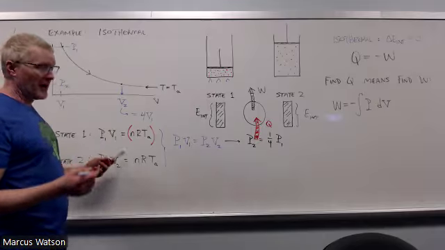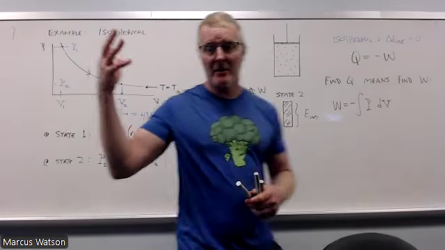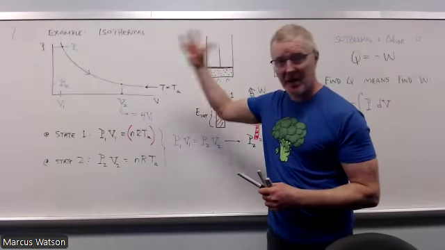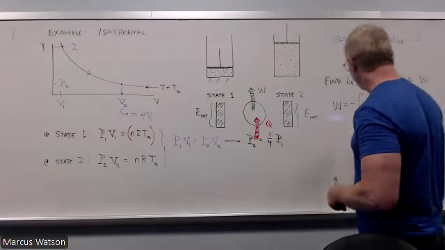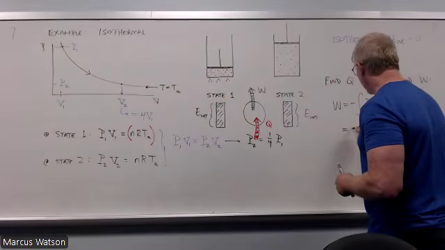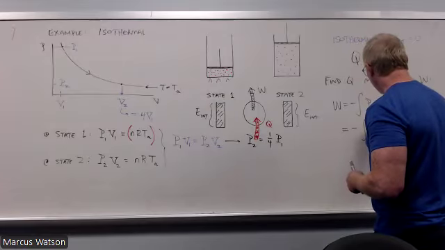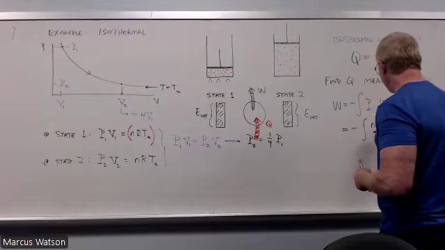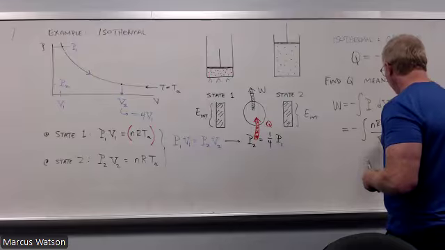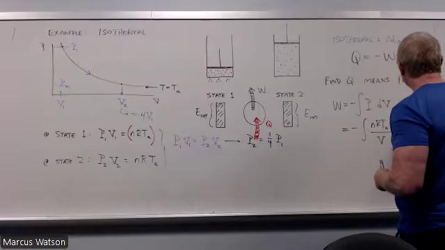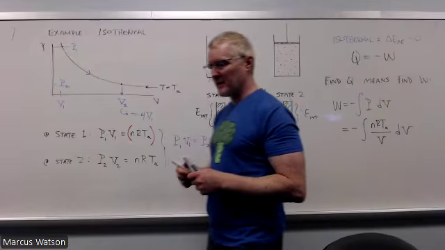So pressure as a function of volume is really some constant divided by the volume. That means I can write this as negative integral of nRT, in this case TA, divided by V, integrated dV. Okay.